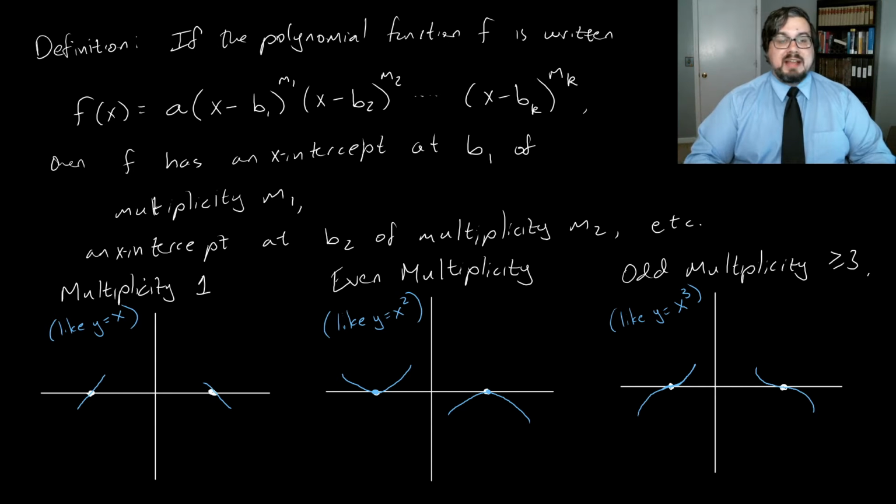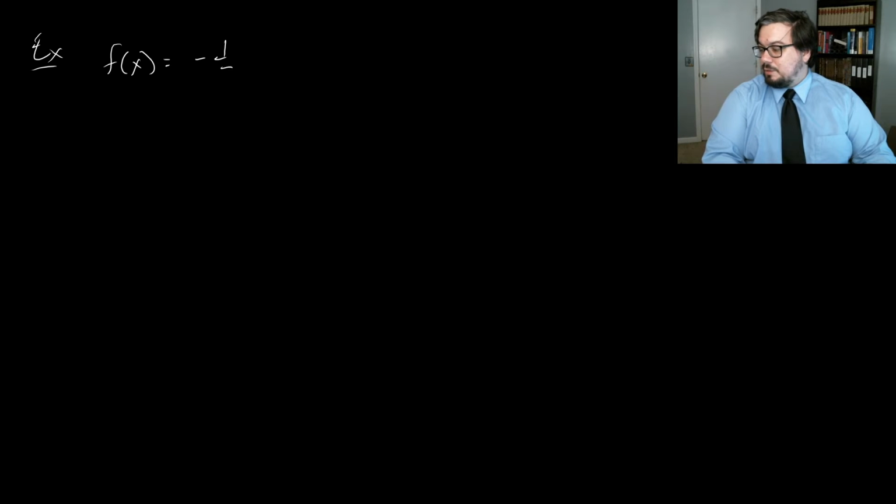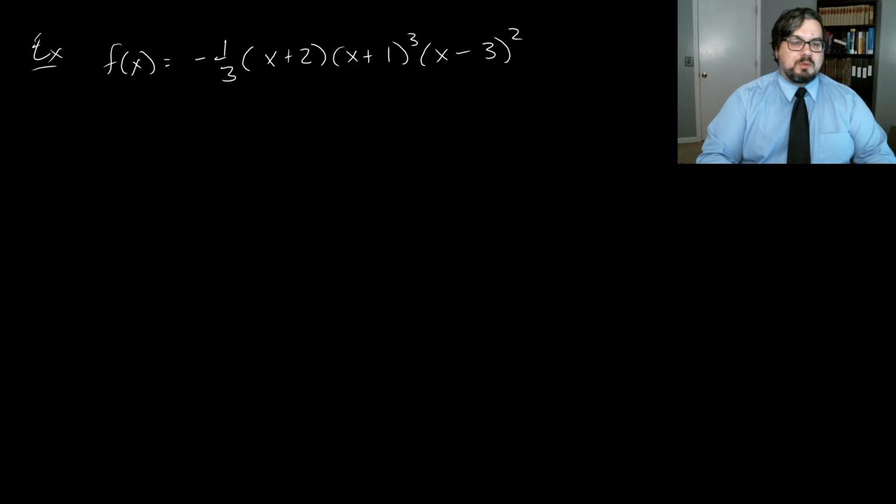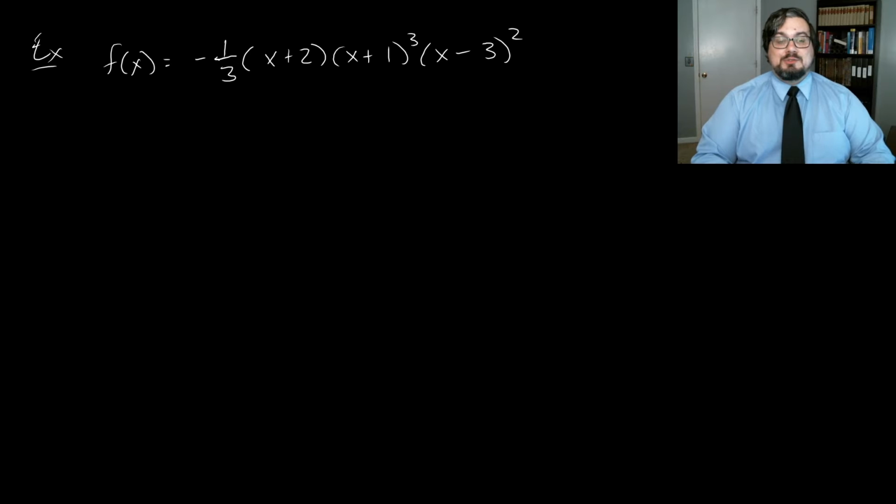So let's return now to our previous example. Let's look at f of x equals -1/3 times x plus 2 times x plus 1 cubed times x minus 3 squared. Now, when the function is written out in factored form like this, we can identify the intercepts and their multiplicities immediately.